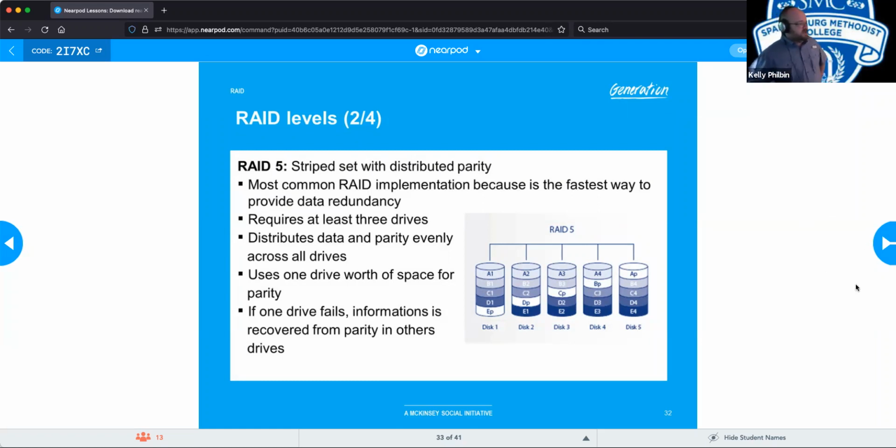As you can see here, think of each row as a letter. So you have A, B, C, D, and E, right? Now what they do is they move that parity bit to different locations in different drives.